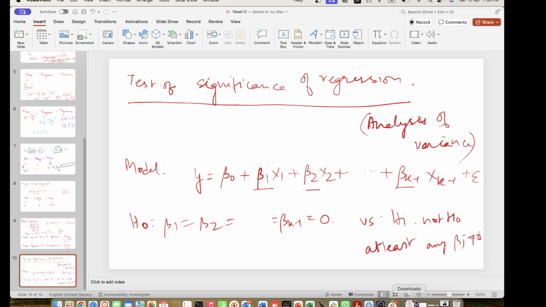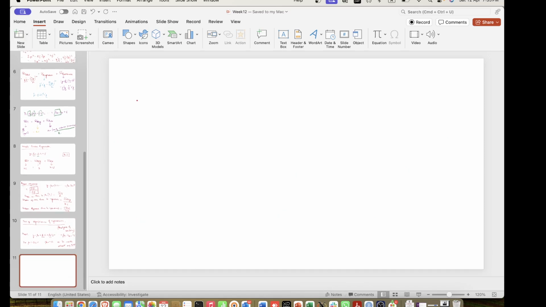We first consider an ANOVA table. Okay, so in order to do this sort of test, the first and foremost thing that we should be doing is considering the ANOVA table. Okay, so an ANOVA table looks like this. Here we are going to have sources of variation, then we'll have sum of squares, then we'll have mean squares, and then we have our F statistic.